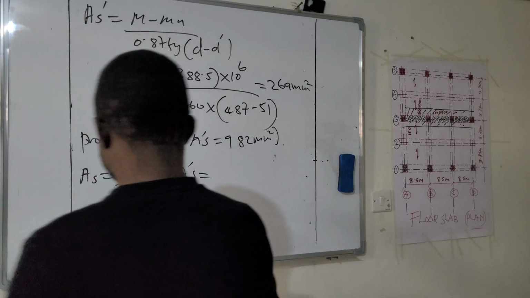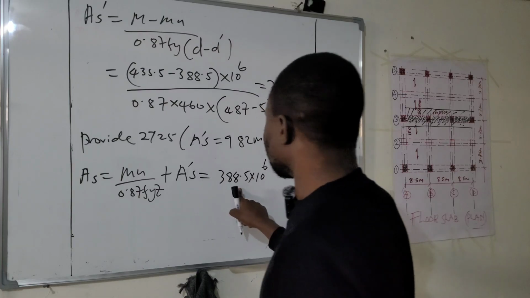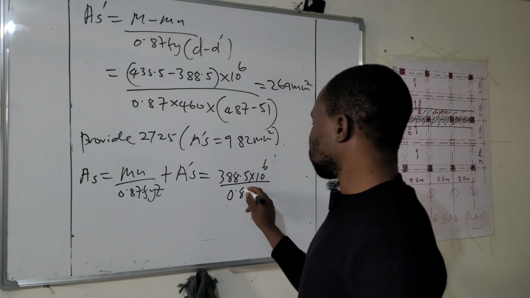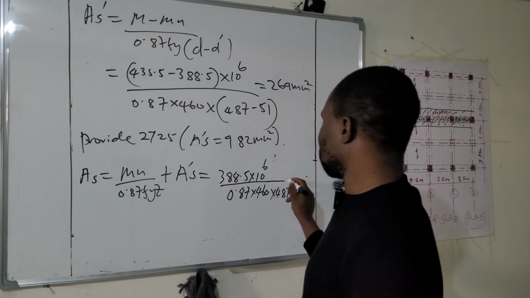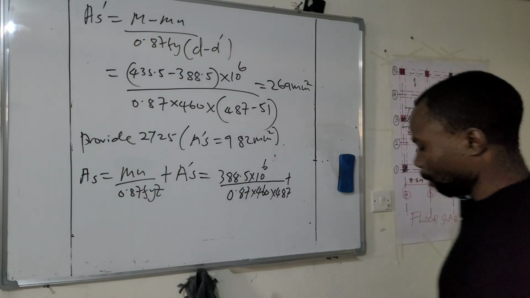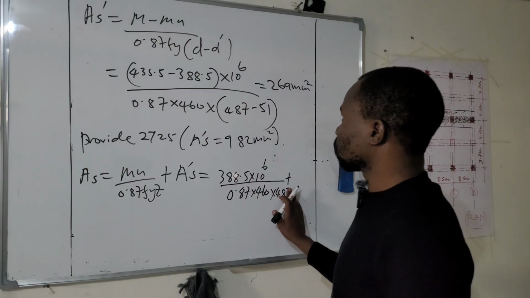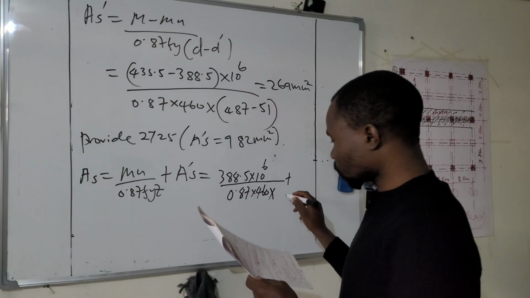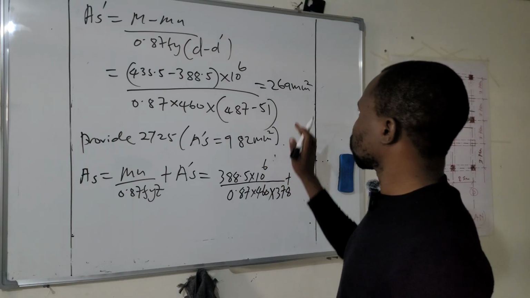So Mu is 388.5 times 10 to the power of 6, you change from kilonewton meter to Newton millimeter, over 0.87 times 460 times Z, which is 378, plus the area of compression steel, which is 269.